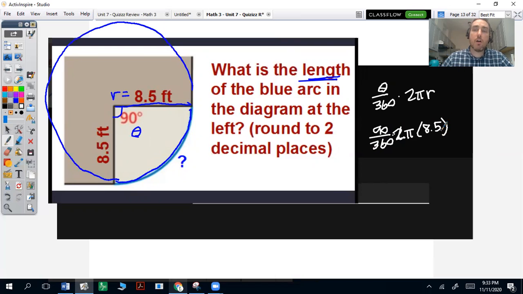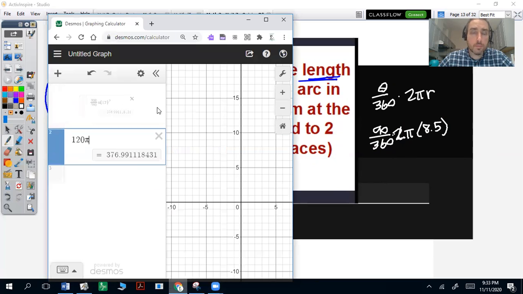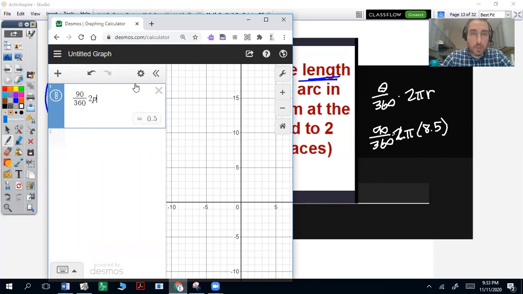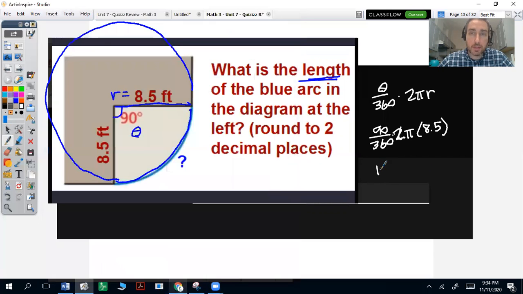So let's plug all that in, see what we get. You can pause the video, check it on your own. You can unpause it and check with me. 90 over 360, right arrow, 2 pi parentheses 8.5. And that length is about 13.35. So 13.35 will be your answer. Round to 2 decimal places. 13.35 for that length.